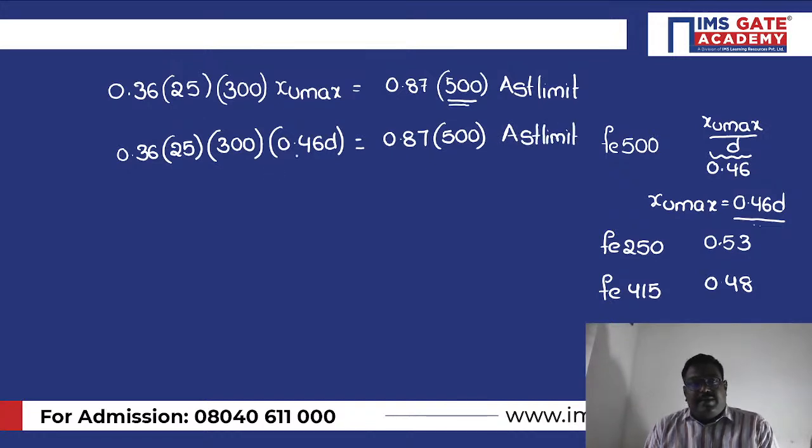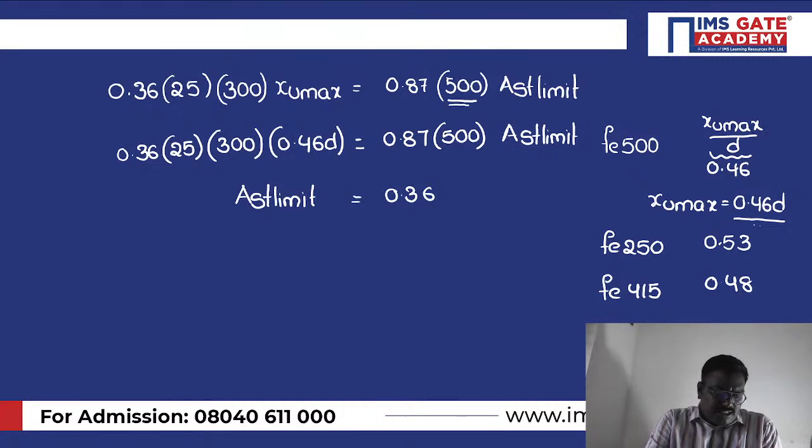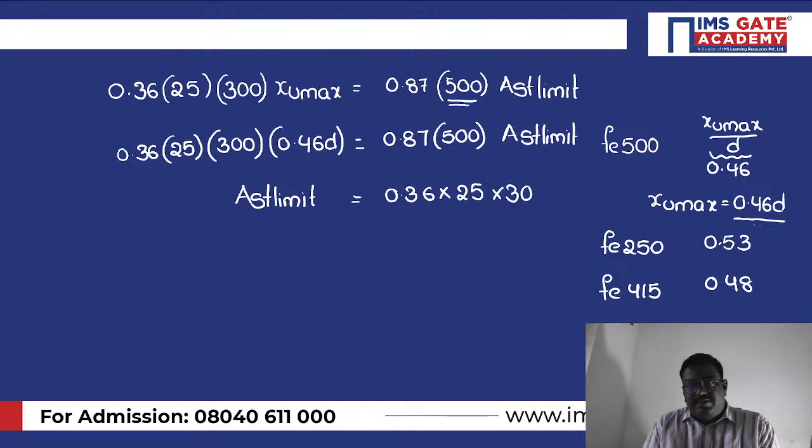Ast limiting can be taken as, after substituting the value of D as 400, 0.36 into fck, which is 25, width of the section is 300, and 0.46 into 400 divided by 0.87 into 500.